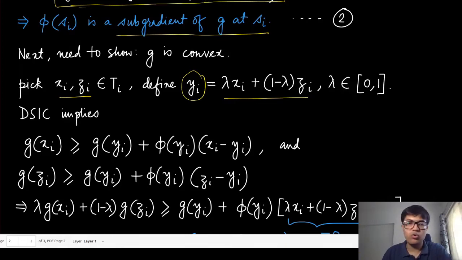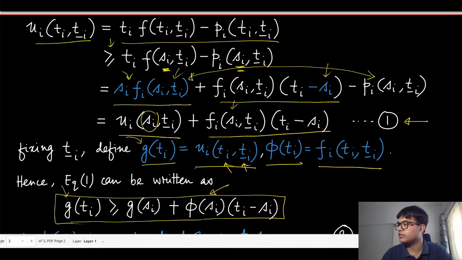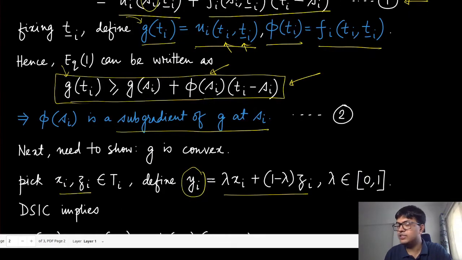Now what we know from DSIC, because we got this inequality 1, the first equation and its reduced form when we are substituting using g and phi, this is coming as a consequence of the DSIC. We have just rearranged the expression, the condition for DSIC.